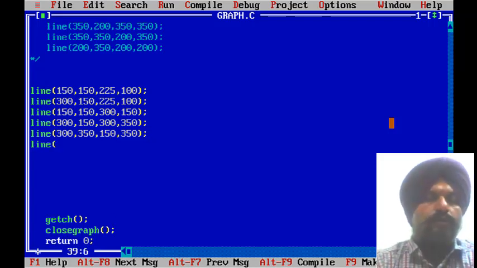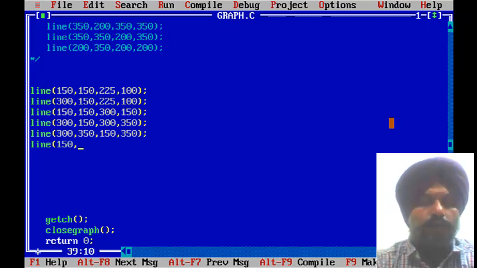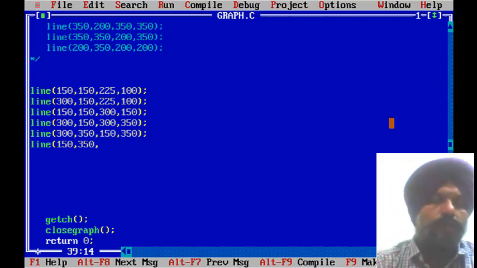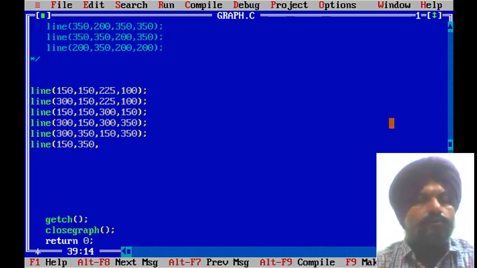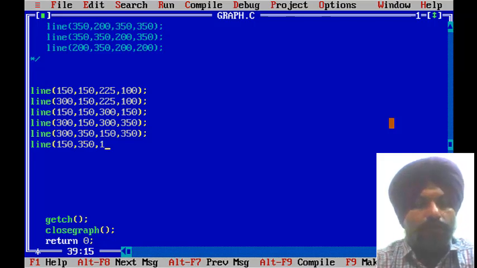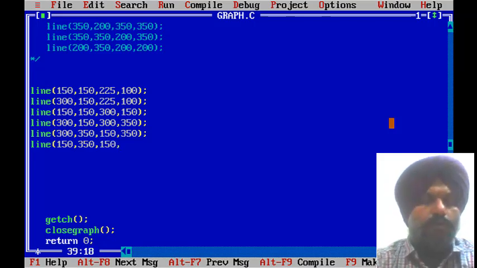Now I have to draw the last line of the square on the same concept, taking the last coordinates of the previous line as the first coordinates of the next line, and obviously we are about to complete the square. So what are the starting values of the square?